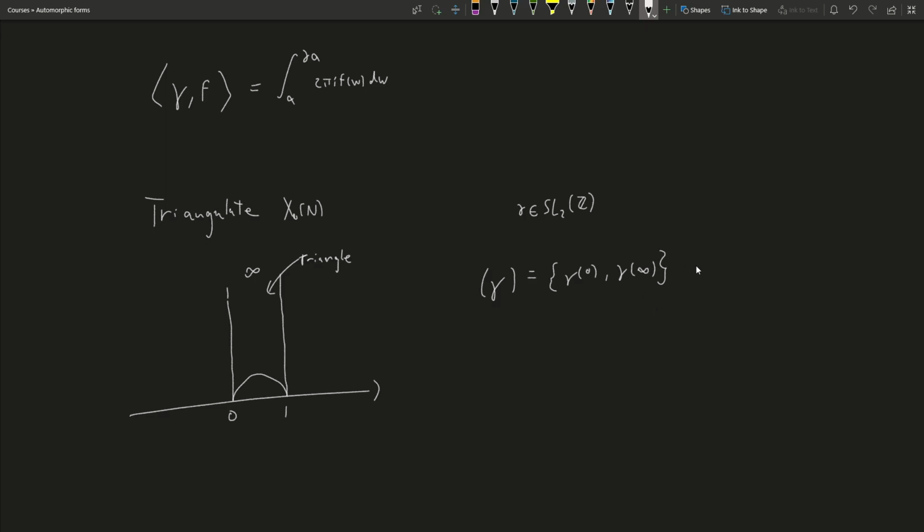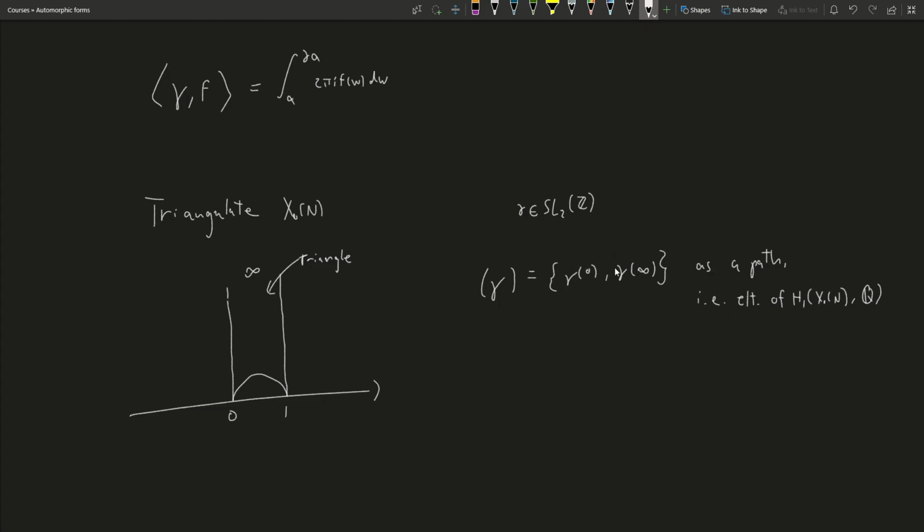So as a path, but really viewed as an element of the homology, and normally we would have the real homology here, but we know that this is in fact going to be the rational homology by the Manin-Drinfeld theorem.